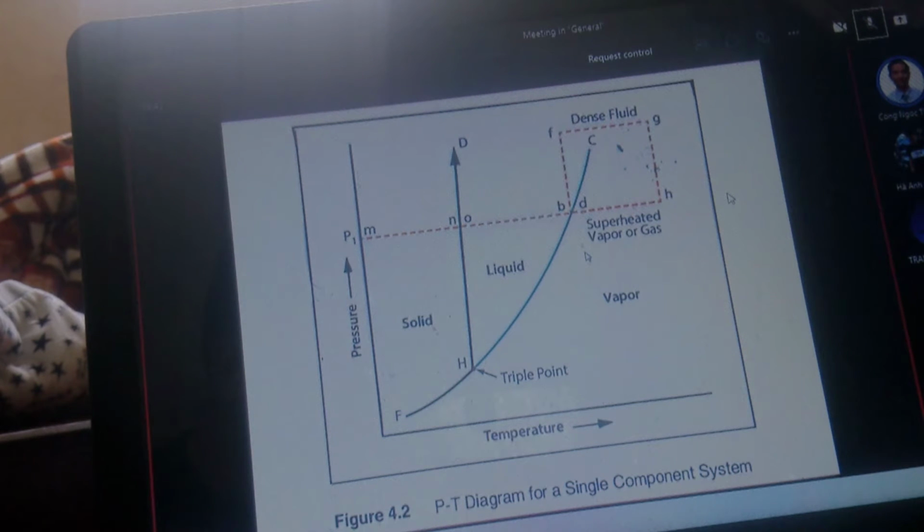Now, for a single component, we would like to convert vapor into liquid.